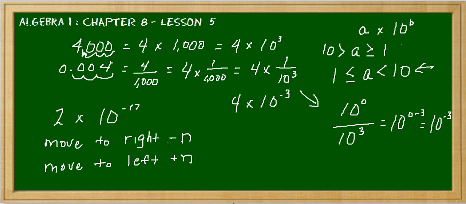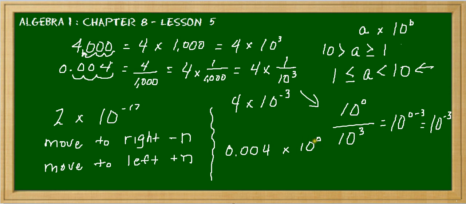Now, the other way of looking at it is, I'm going to write over here, if we take 0.004, okay, and we know that this is times 10 to the 0 power, right? As it stands, we can express this in scientific notation.